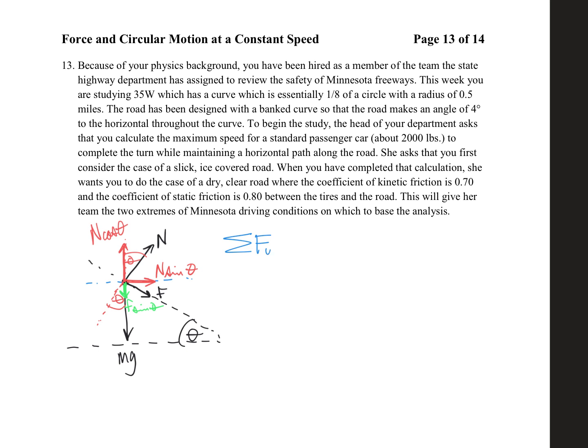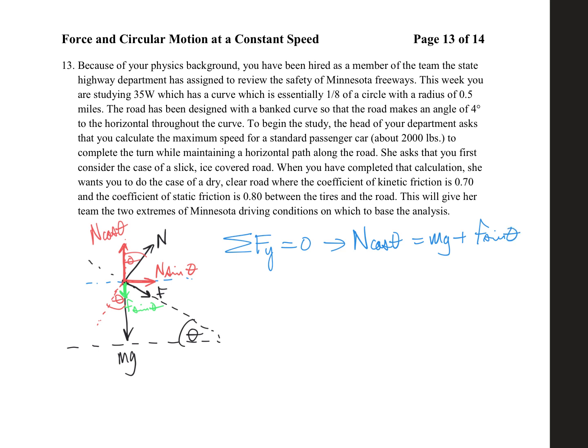And if we sum the y forces, which are going to be 0, then that means this N cosine theta is going to equal the sum of the down forces, which is going to be weight plus F sine theta. All right.